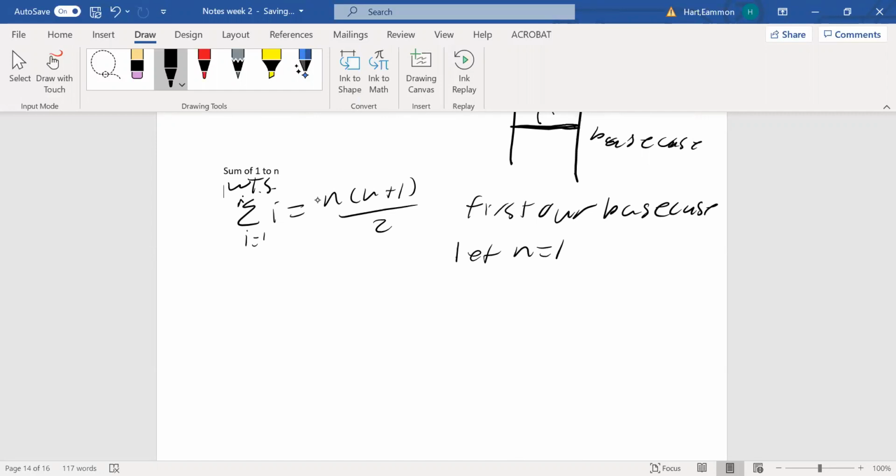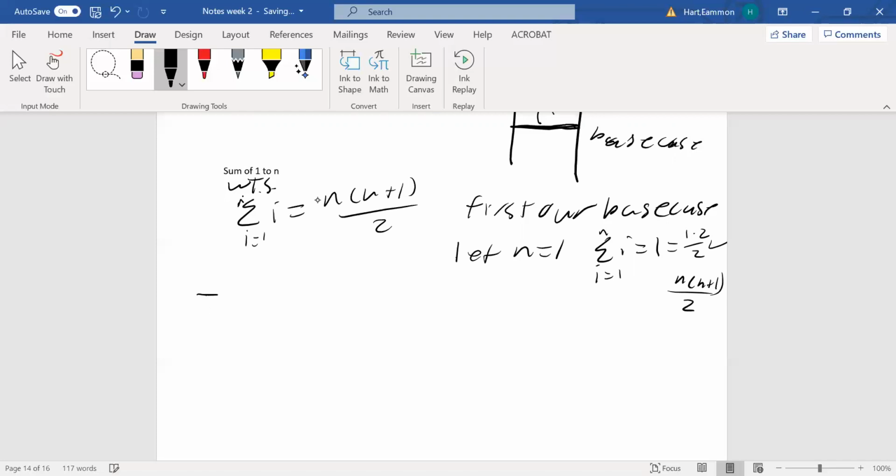In this case, the sum of i from i equals 1 to n is just equal to 1, and that happens to be equal to 1 times 2 over 2. So that checks out. That's n times n plus 1 over 2. So our base case works.